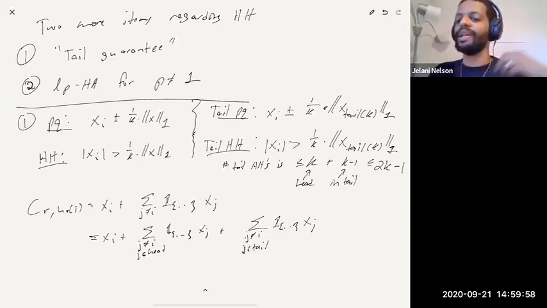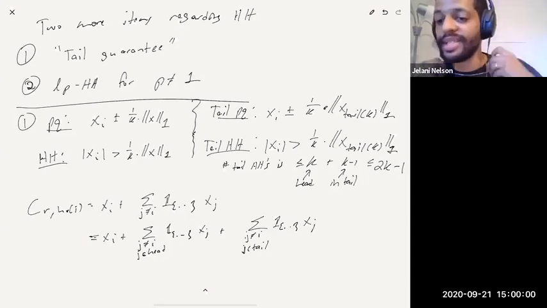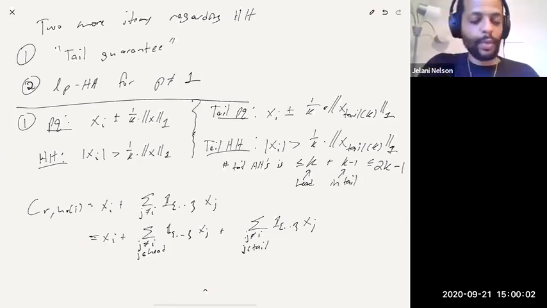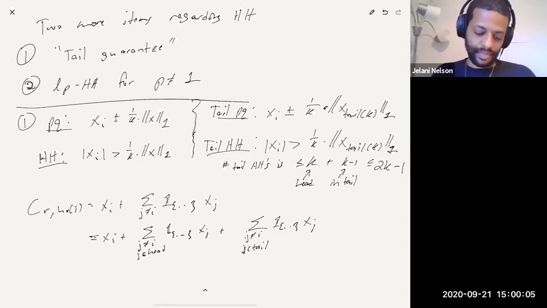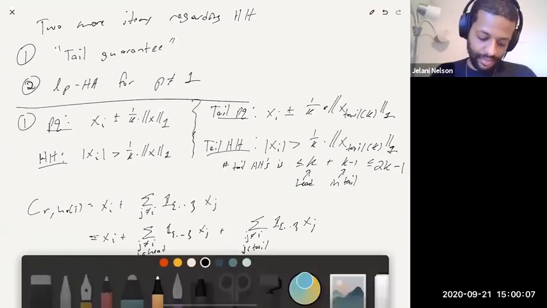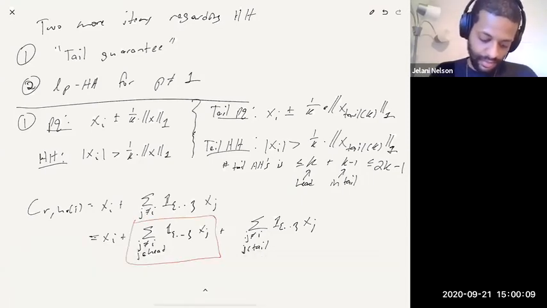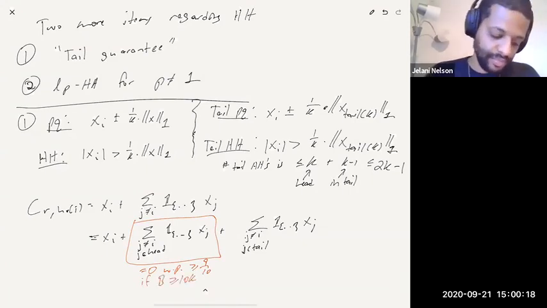By Markov's inequality, that happens with probability at most a tenth, right? So with probability 9/10, this part is 0. Right, by Markov.